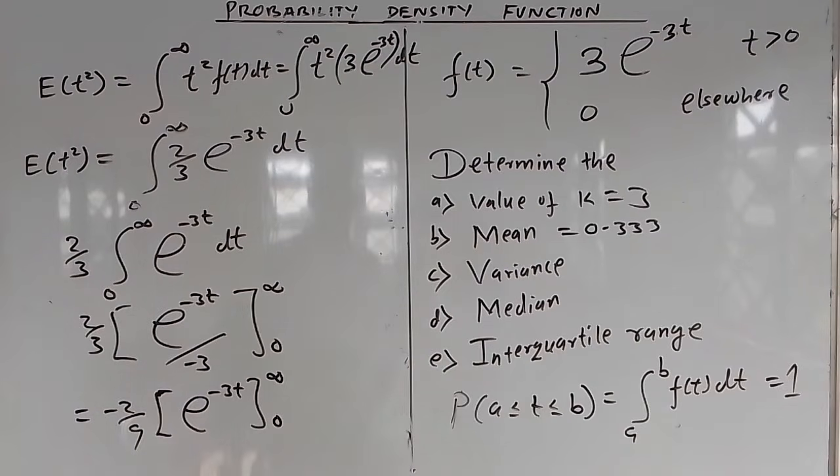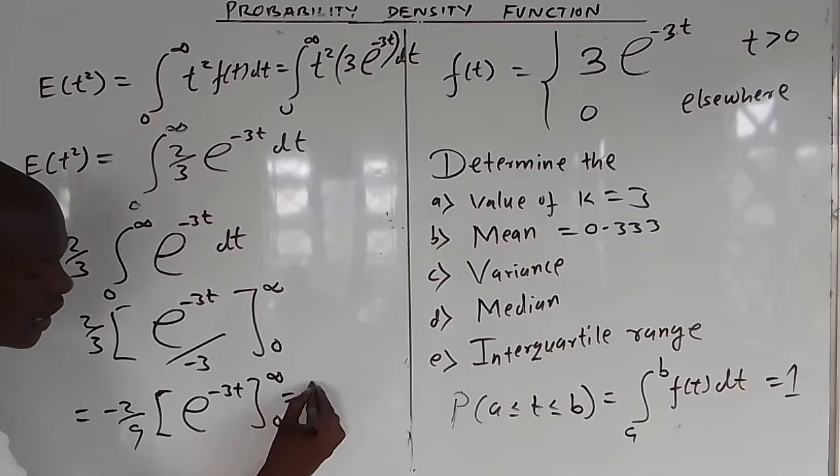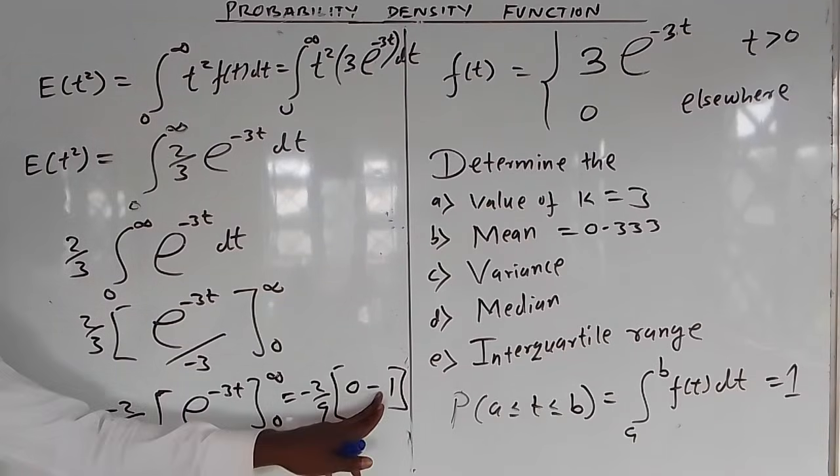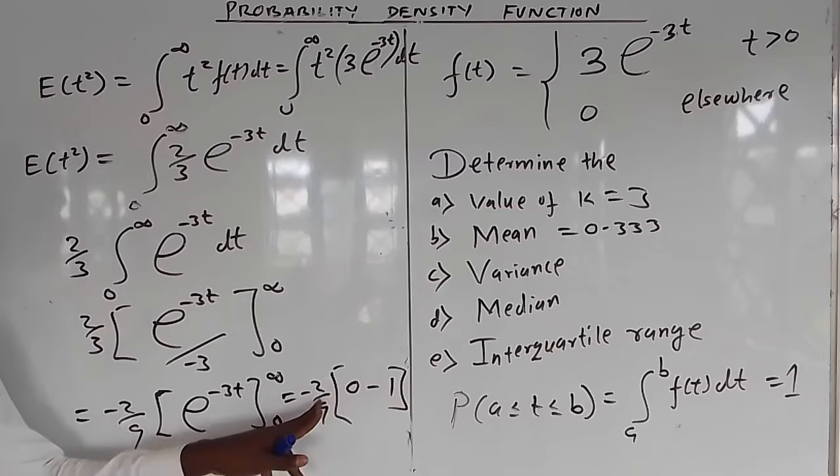So start. This is now simple. It is negative 2 over 9 times the upper limit: when t is infinity, exponential negative infinity is 0. It is 0 minus, when t is 0, exponential 0 is 1. 0 minus 1, isn't it? So 0 minus 1 is negative 1. Negative 1 times negative 2 over 9 is 2 over 9.